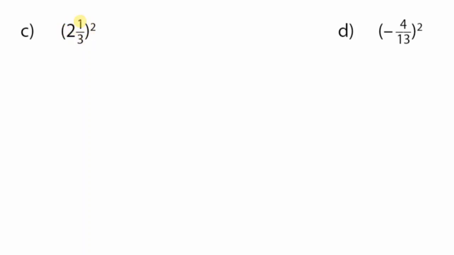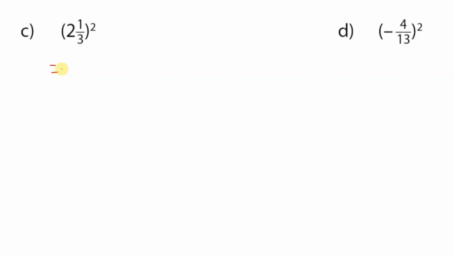Okay, so now again we have square of fractions, but this time it's a bit different than in the previous two. This time we have in fact a mixed fraction, not a proper fraction. So we first have to change, as usual, mixed fractions into improper fractions before we square.